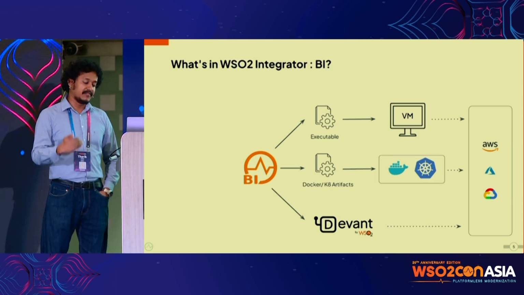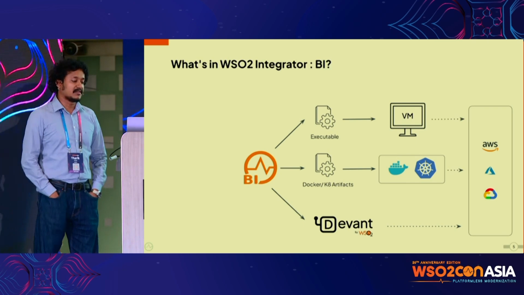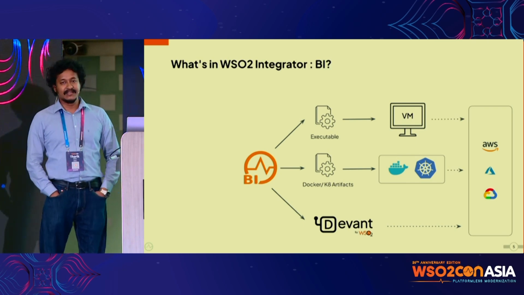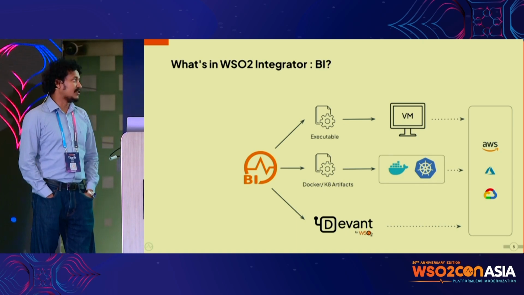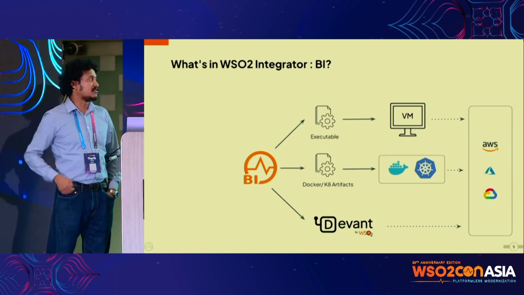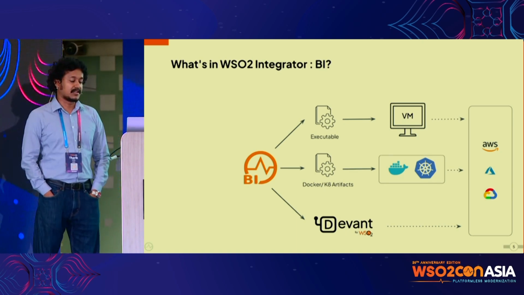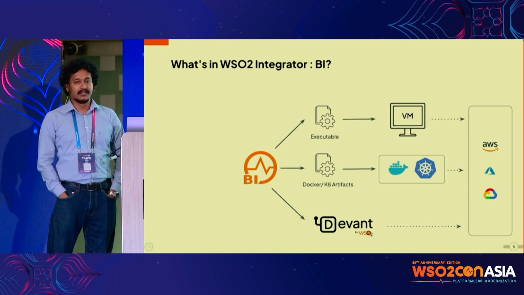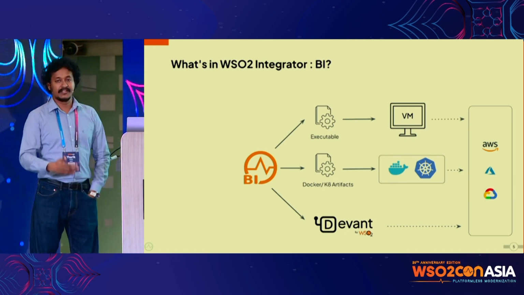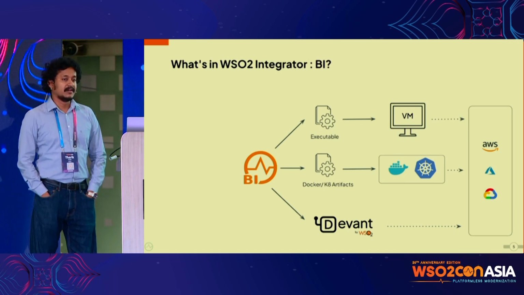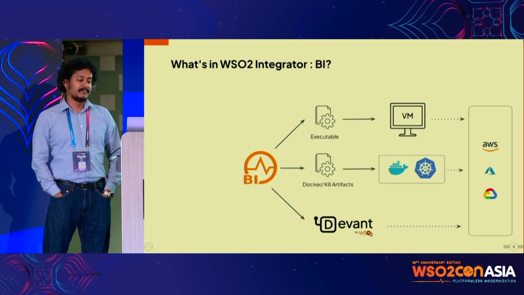Then we have the Devant iPaaS, so you can seamlessly integrate BI with Devant and deploy them. With VMs and Kubernetes artifacts, you have complete freedom to go with whichever cloud provider, AWS, Azure, or Google. The same flexibility is there in Devant as well. The only differentiator is that we take care of everything when it comes to deployment and managing them.